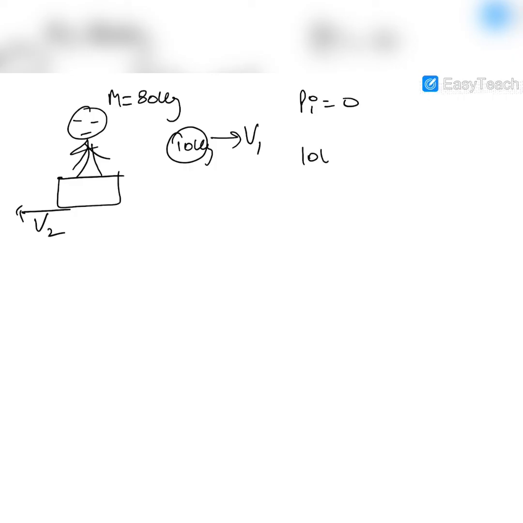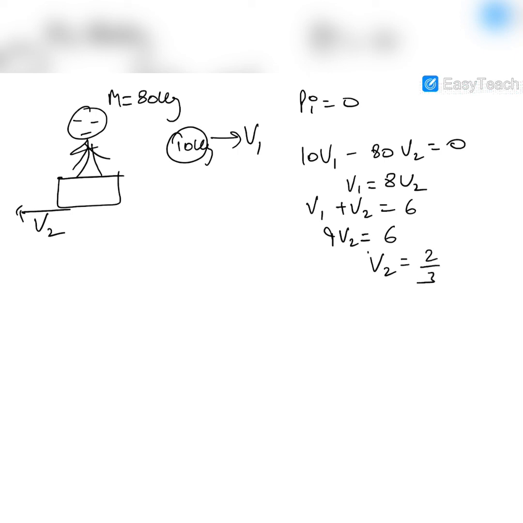So 10 v1 minus 80 v2 is equal to 0, so v1 is equal to 8 v2, and v1 plus v2 is 6 again. So 9 v2 is equal to 6, and v2 is equal to 2 by 3.